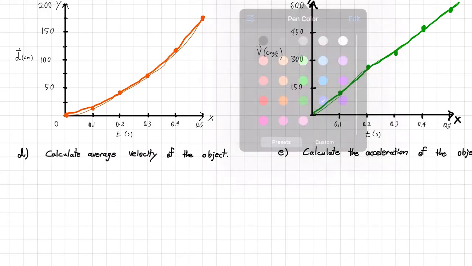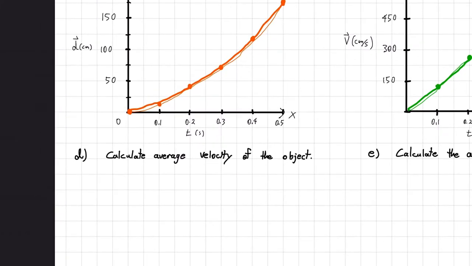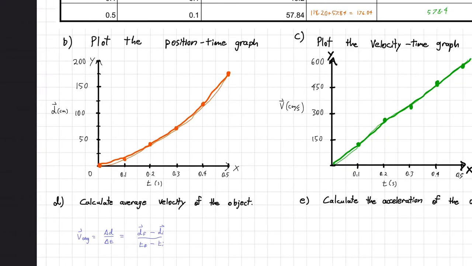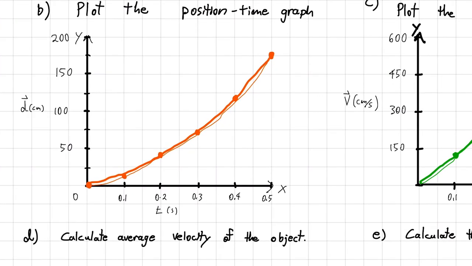So to calculate average velocity, we got a formula. Velocity average is equal to change in position over change in time. Or position final minus position initial over t final minus t initial. So what are our conditions here?